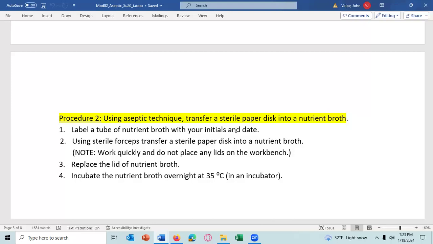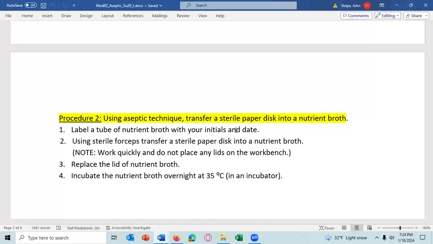Take the forceps out and put them back in the Bacti incinerator. You should see the incinerator lighting the alcohol on the forceps. That will clean the forceps. It won't be sterile, but it will be good enough for this use, meaning there will be very little bacteria on the forceps.